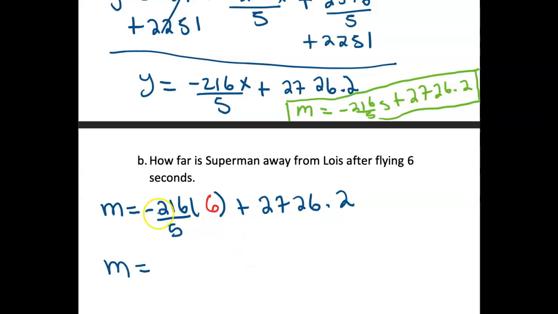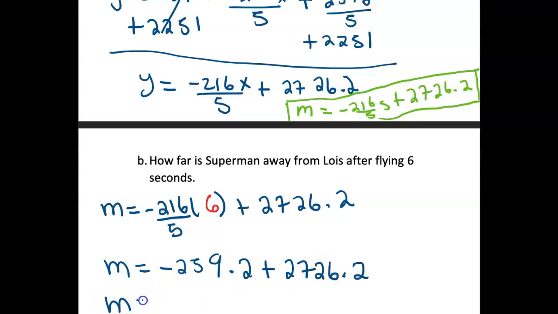So when we multiply negative 216 over 5 times 6, we get negative 259.2. And then plus 2726.2.